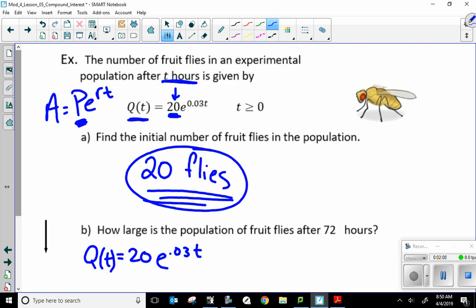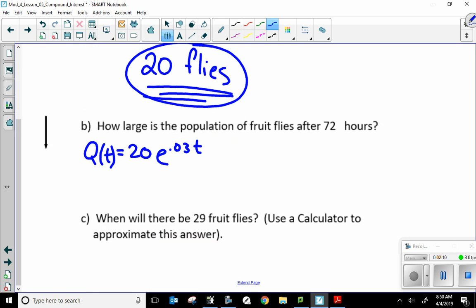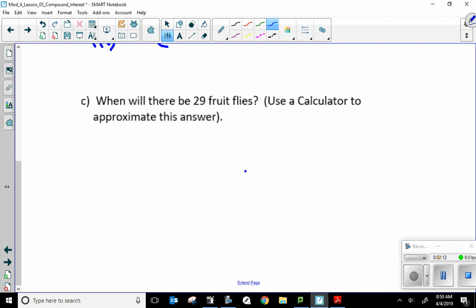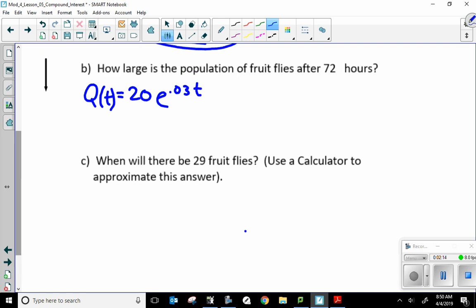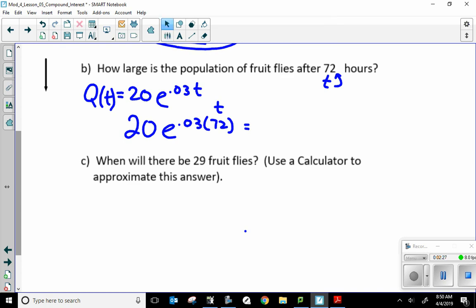T is time in hours. So right here, 72 hours. This is T. So in my calculator, I'm going to put 20e to the 0.03 times 72 because that is my time. And I am going to let the calculator do all the work.